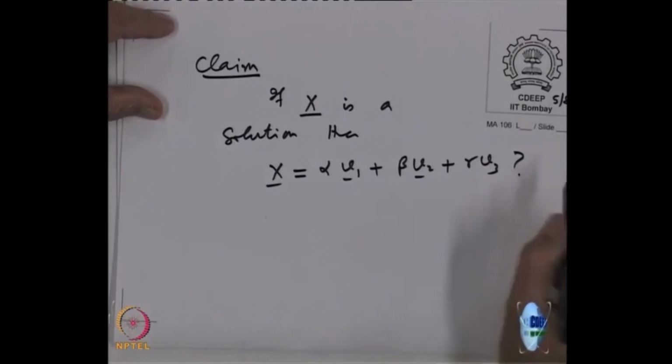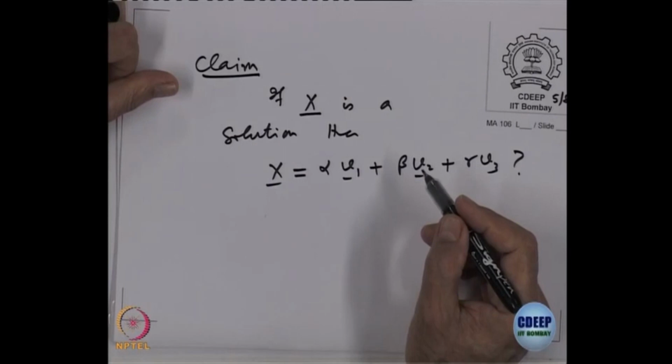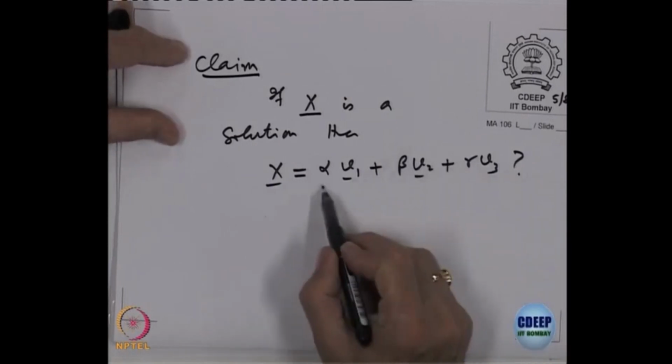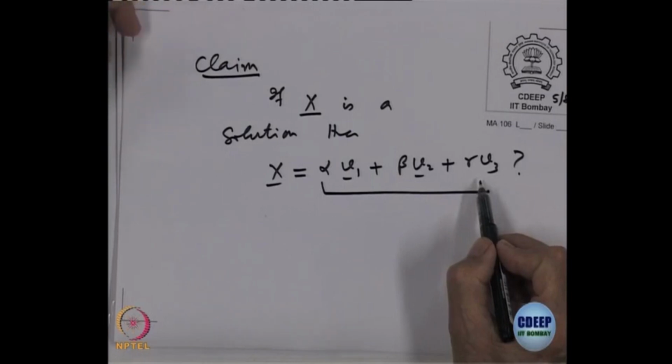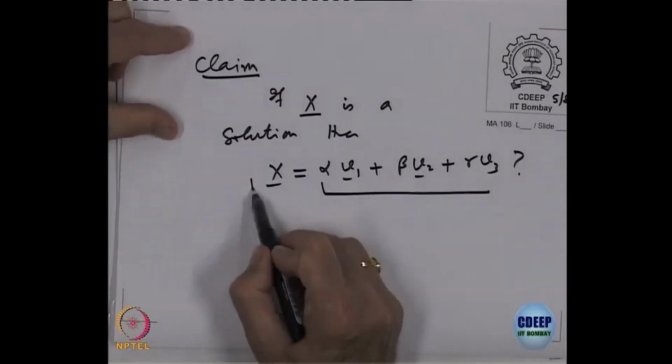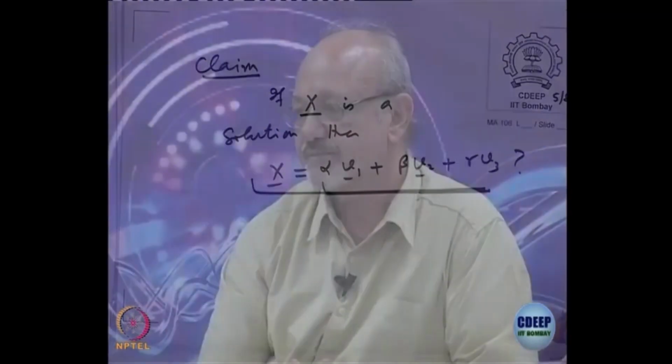That is what I have to check, whatever this vector x is, if it is a solution. That means these alpha, beta and gamma are unknowns, right. So I want to show that this system is consistent. Is it okay? You know how to show a system is consistent or not, again by going to row echelon form and doing it, right.